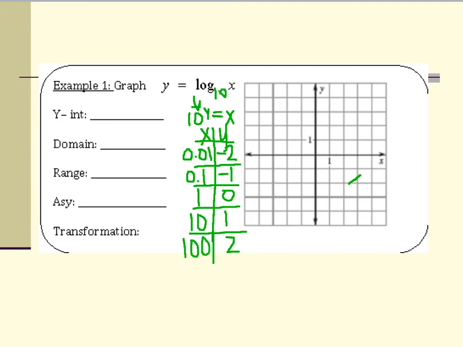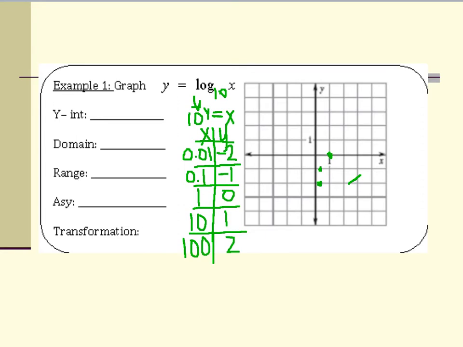Okay, so let's put these points on our graph. And you've got to remember, we're kind of doing things backwards here, so it might get a little confusing at first to graph. So 100th, -2 would be right about here. 1/10, -1 is going to be right about here. 1, 0 is right here.